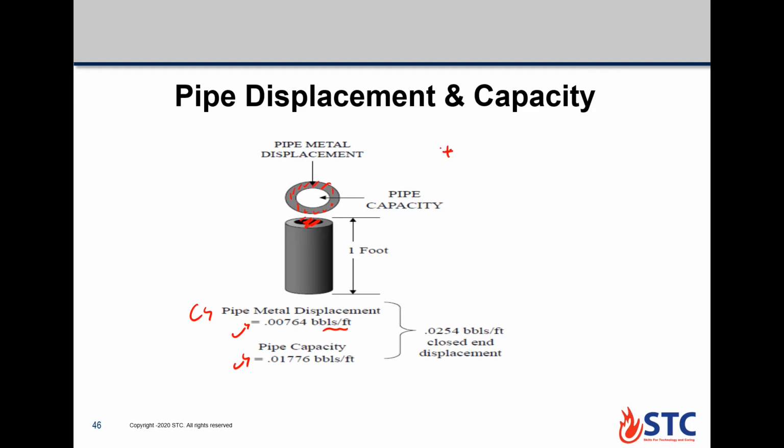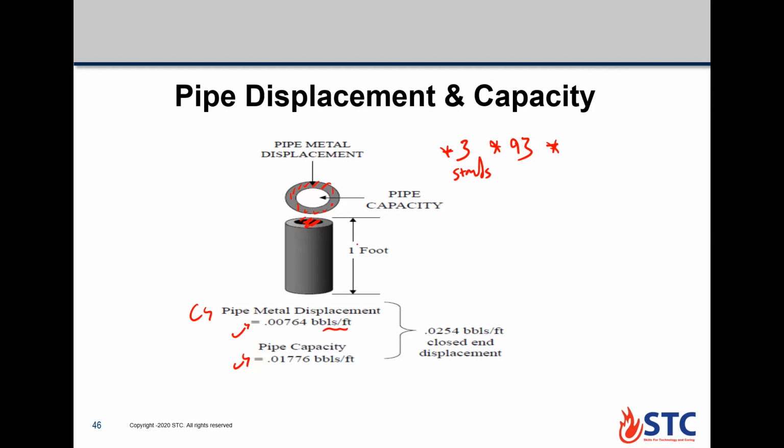So for example, if it is mentioned you need to pull out 3 stands from the well, you need to take number of stands times length of stand, for example, 93 feet, times the displacement depending on wet tripping or dry tripping.